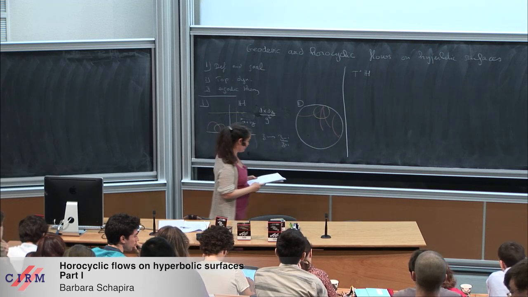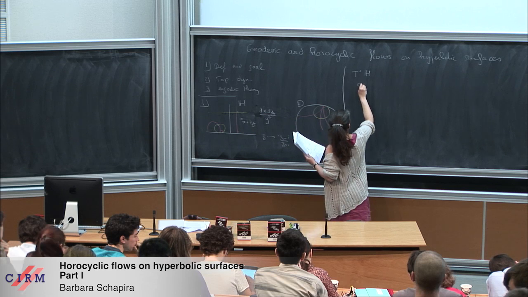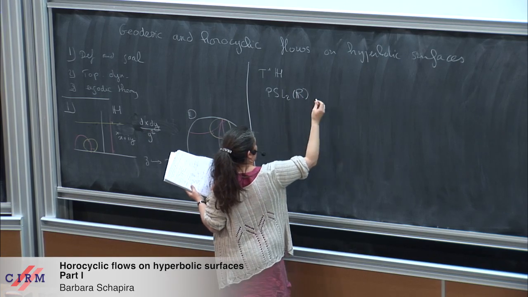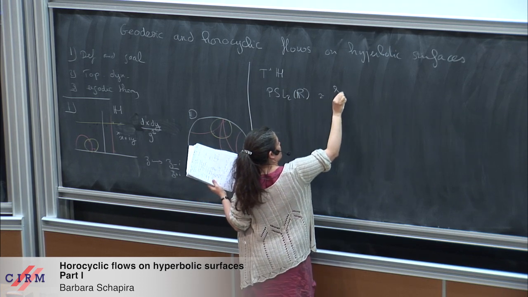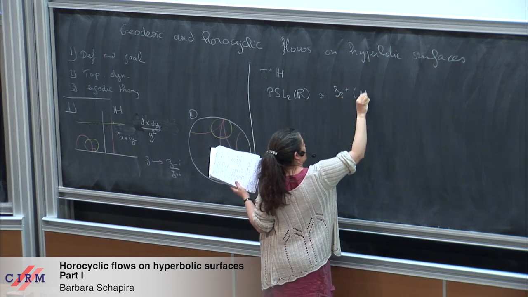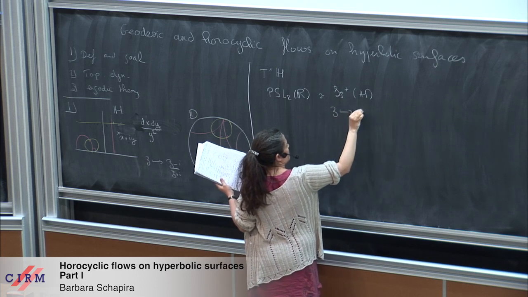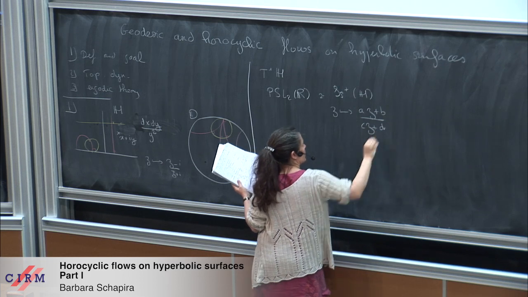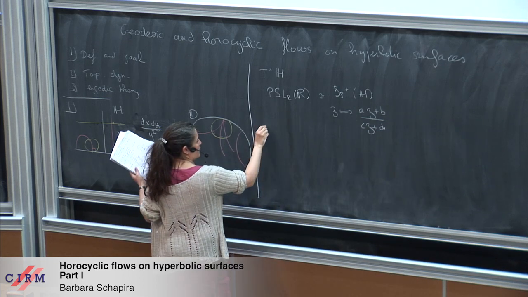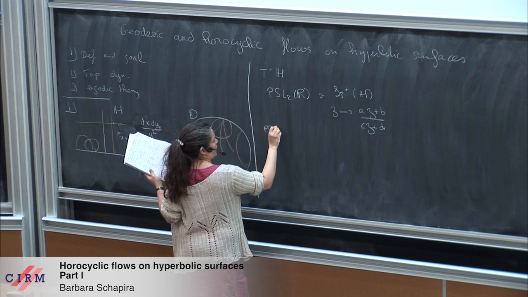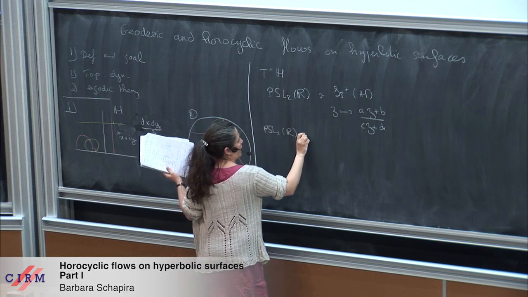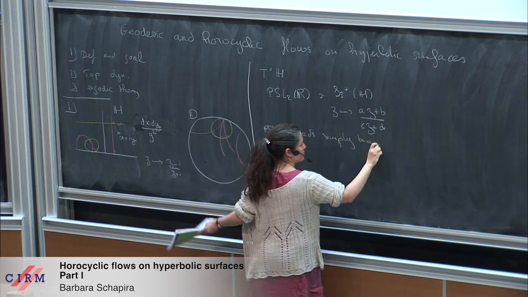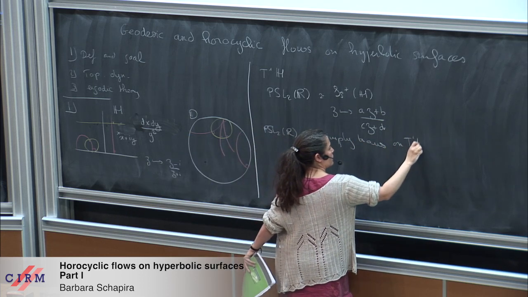First, let me recall that PSL2R is the group of positive isometries of H. It acts by homographies, and this group of isometries acts simply transitively on the unit tangent bundle.